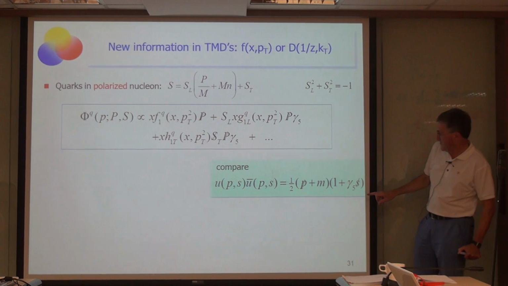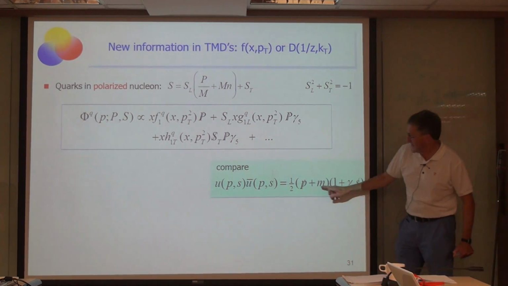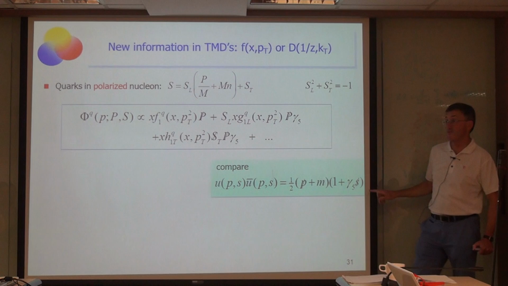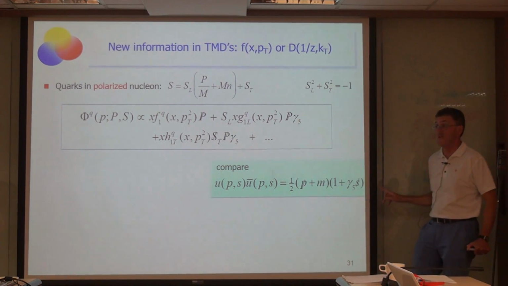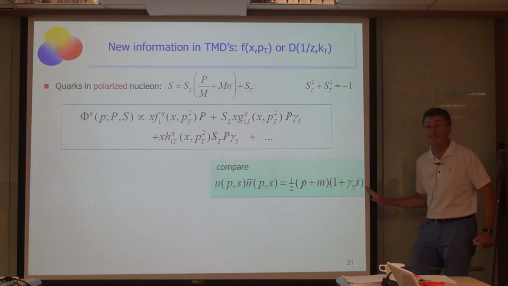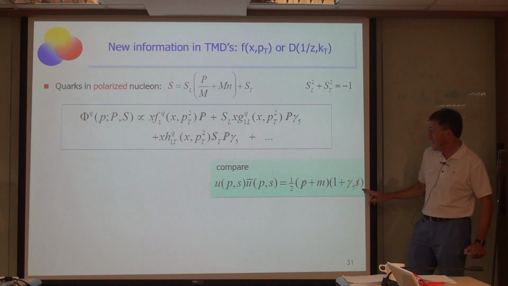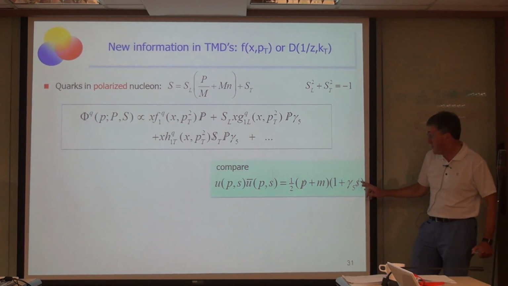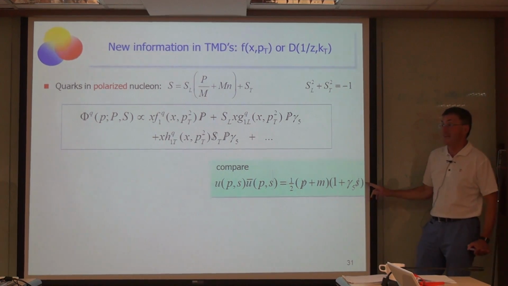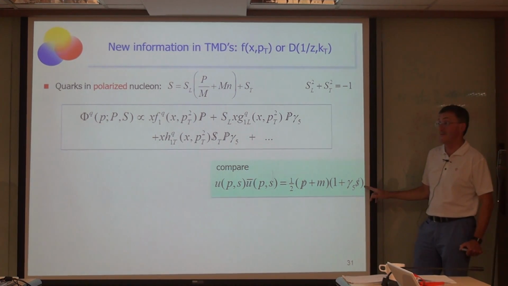Now that tells you, oh, the only way where in this expression, which is the standard projection operator for fermions from your textbook in the Dirac chapter, it tells you that if I want a transverse gamma matrix, it must be sitting here, S. And S is then the spin vector for a single fermion.